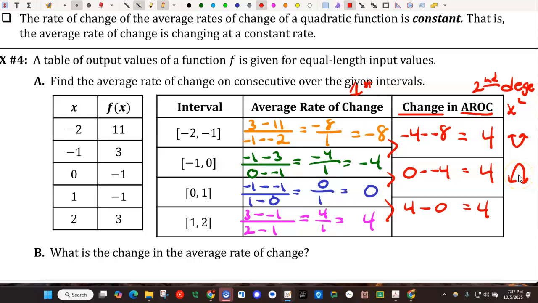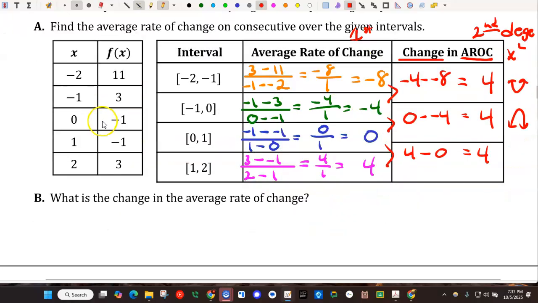Very important to understand that concept without actually having to graph it. That's the whole thing. We're trying to avoid graphing these and just get this conclusion without the need of graphing. So what is the change in the average rate of change? They're asking about this.